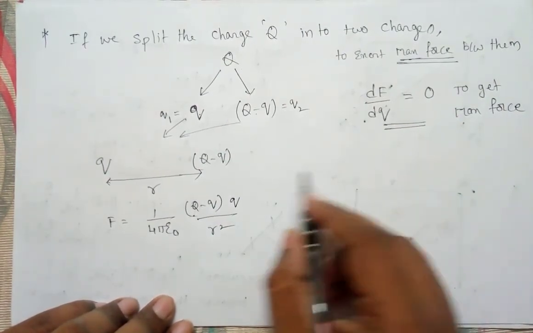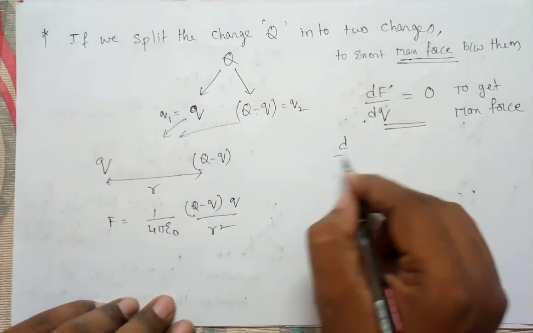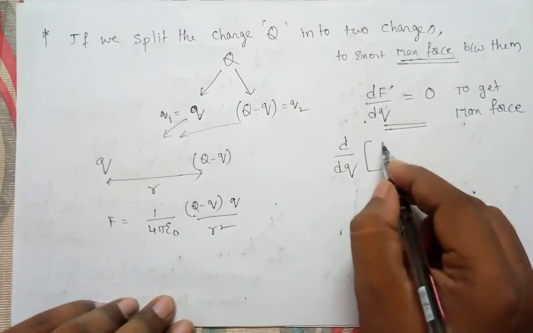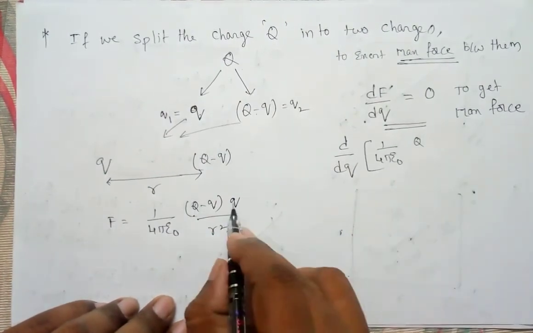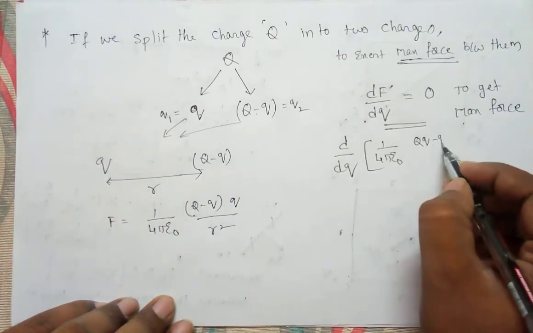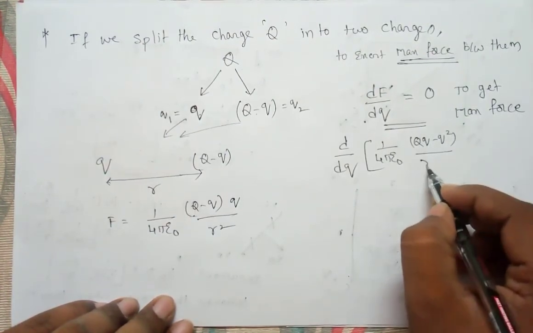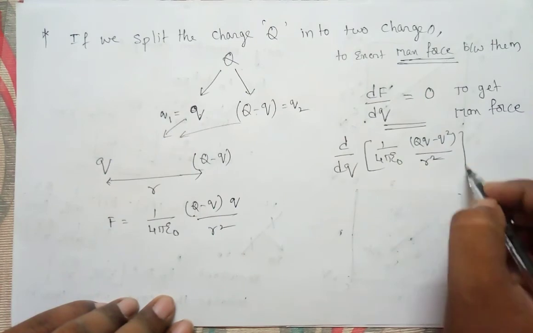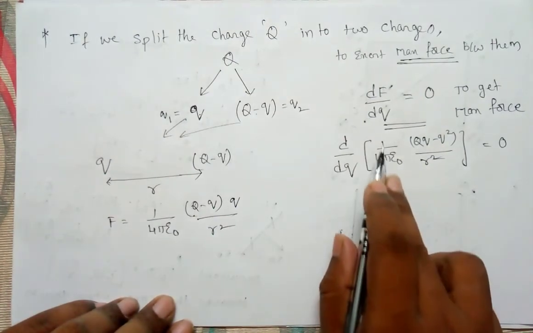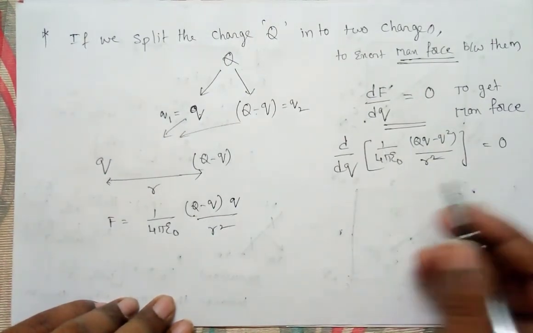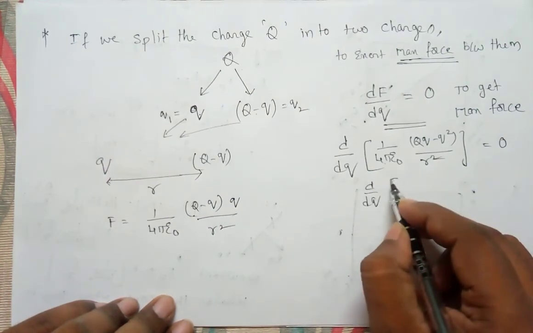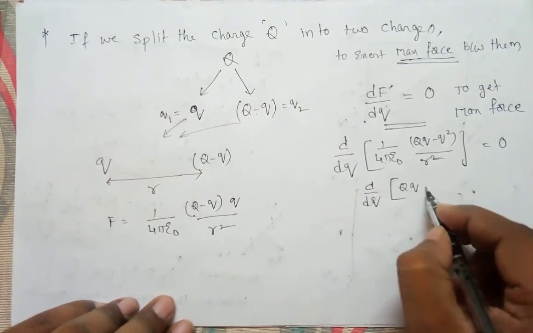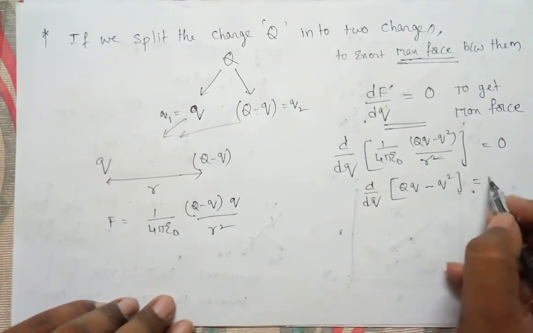So I am taking d by dq of 1 upon 4 pi epsilon naught, multiplying capital Q small q minus q square by r square, equal to 0. Here 1 upon 4 pi epsilon naught r square is constant, so you can take it to the other side, and it becomes 0. Then d by dq of capital Q minus small q into q square is equal to 0.